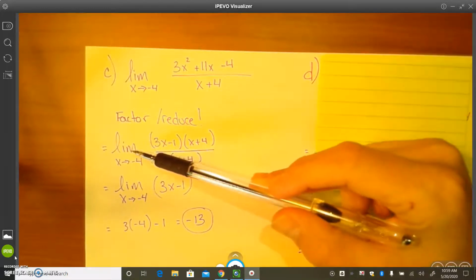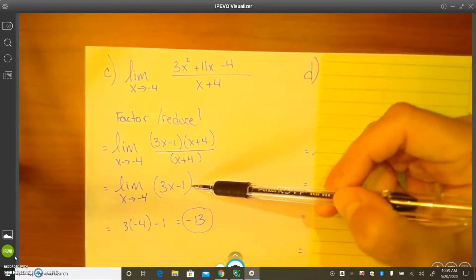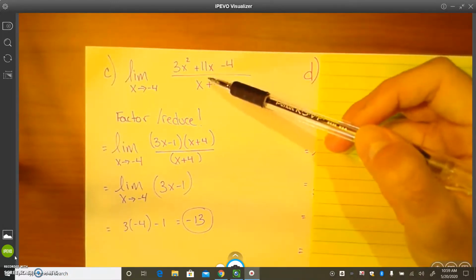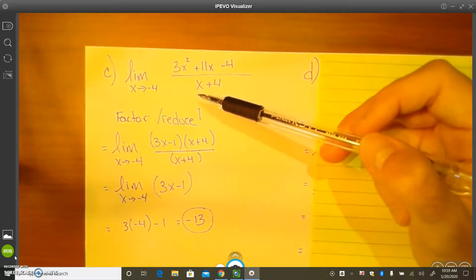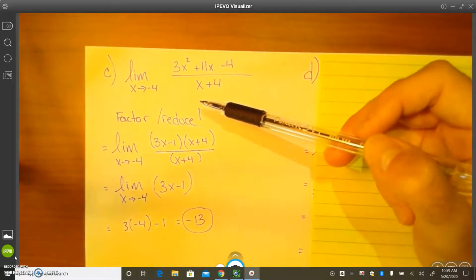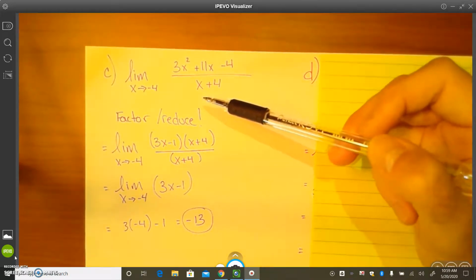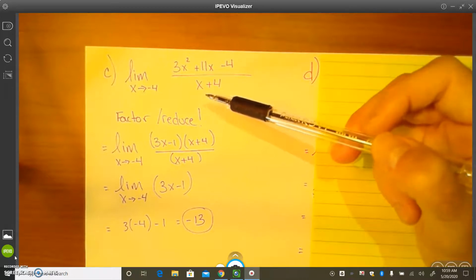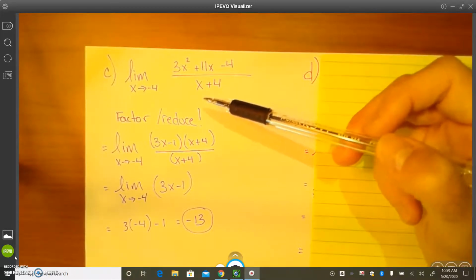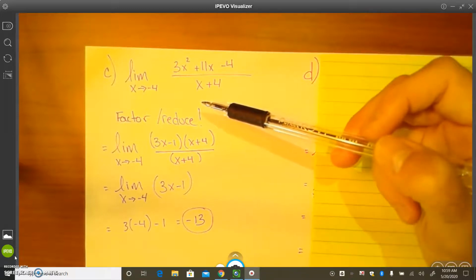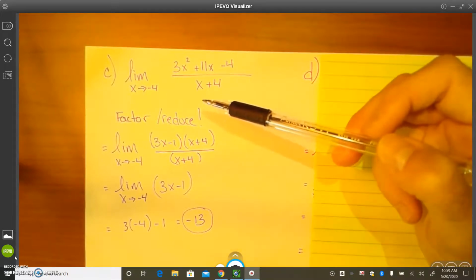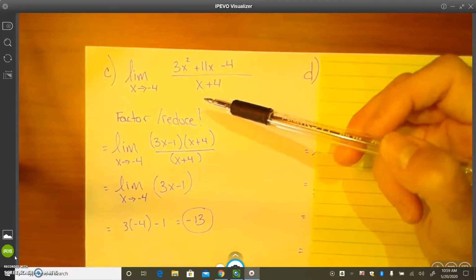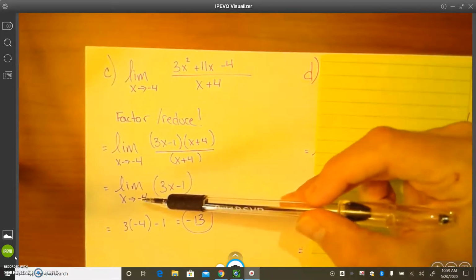So if you drop the limit notation and you only have 3x minus 1 equals the limit of this expression, that's going to be marked wrong 100% of the time. I am going to enforce that pretty strictly when I ask for work submitted. And I can promise you next year, all of the calculus teachers are going to mark that wrong. You're going to lose points for not bringing down the limit notation.